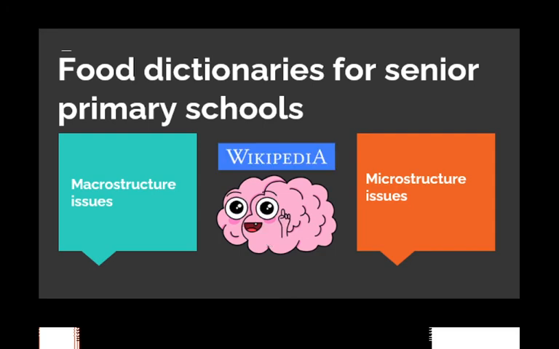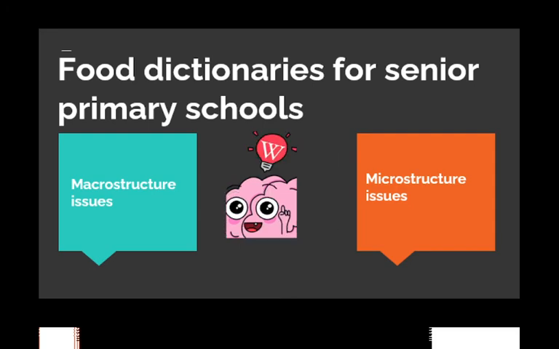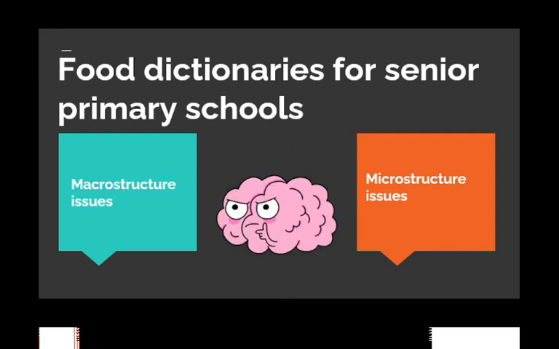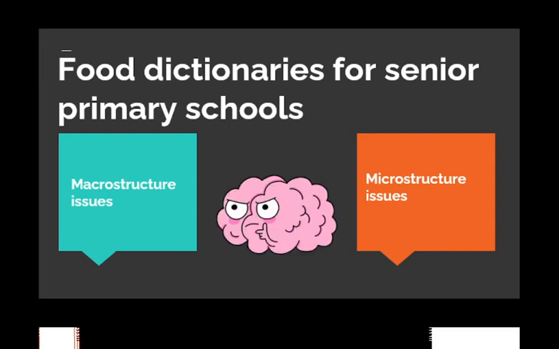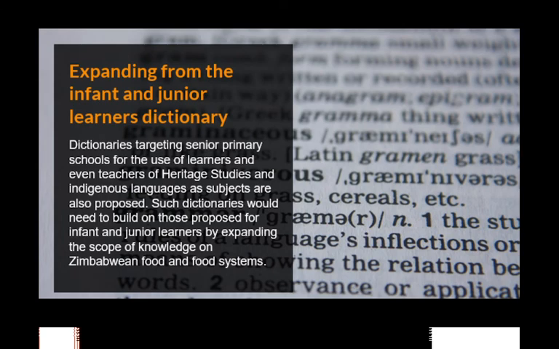So we also look at food dictionaries for senior primary school, which have macrostructural issues and microstructural issues. With this dictionary, we are basically expanding from the infant and junior learners dictionary. But with this one, we're looking at the heritage studies, and we're proposing expanding the scope of the knowledge of the Zimbabwean food and food systems.